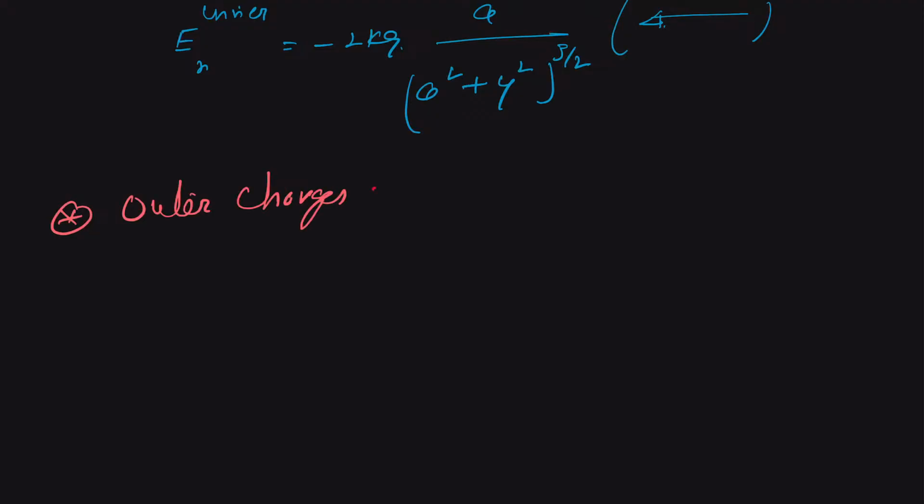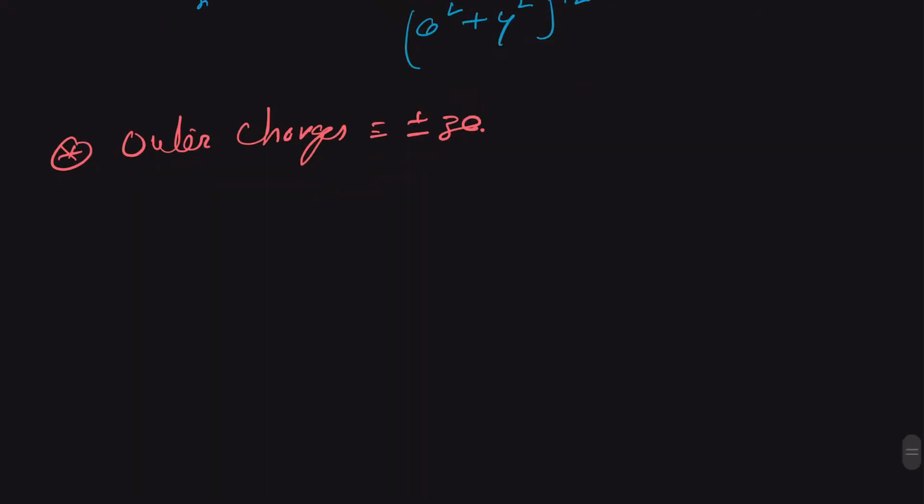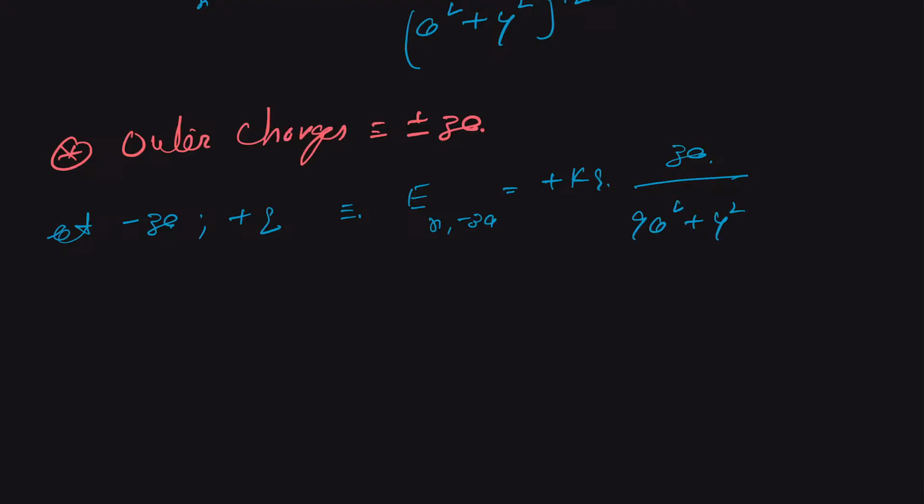Outer charges we are having at plus and minus 3a, and first is our charge at minus 3a, which is plus q. You can say that the horizontal electric field because of the charge at minus 3a will be plus kq 3a divided by (9a² + y²)^(3/2).